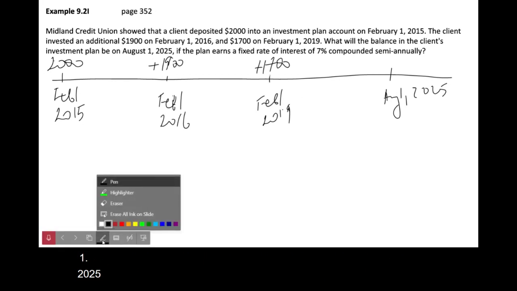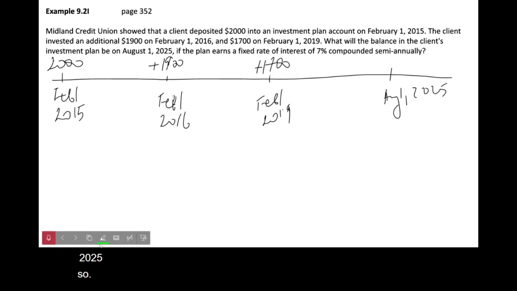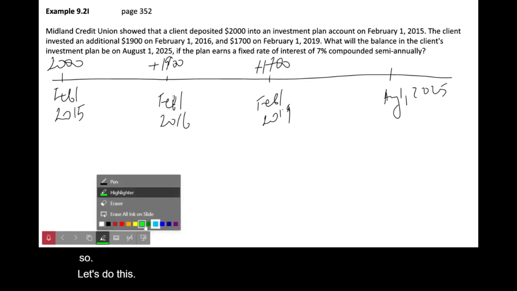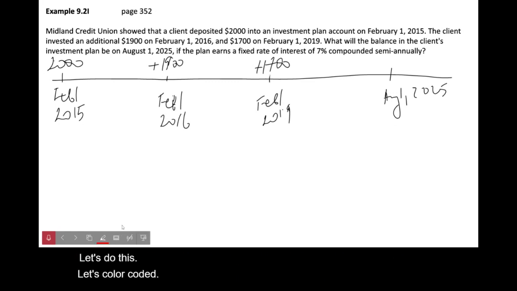Okay, so let's do this. Let's color code it. This interval, that interval, and this interval. So, okay.